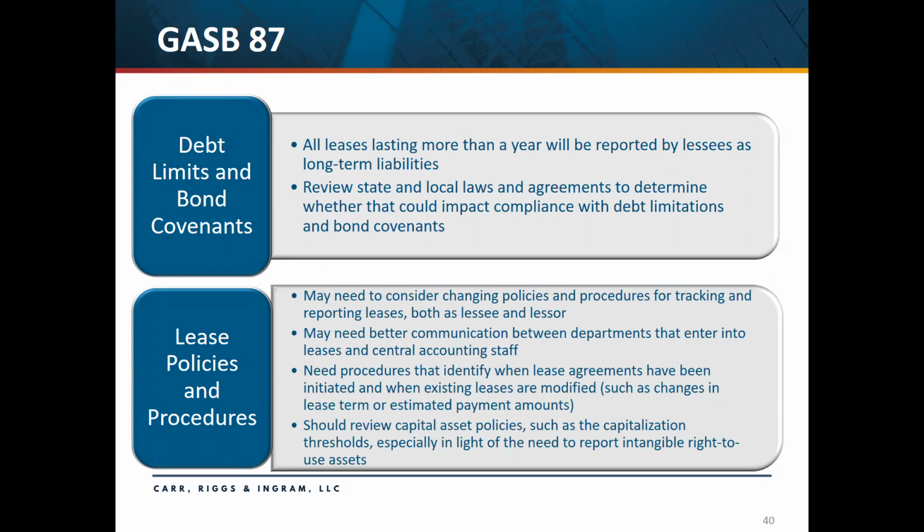We need procedures that will identify when lease agreements have been initiated and when existing leases are modified, such as changes in lease term or estimated payment amounts. Those will need to be taken into account for GASB 87. You should be reviewing your capital asset policies, such as capitalization thresholds, especially in light of the need to report intangible right-to-use assets.